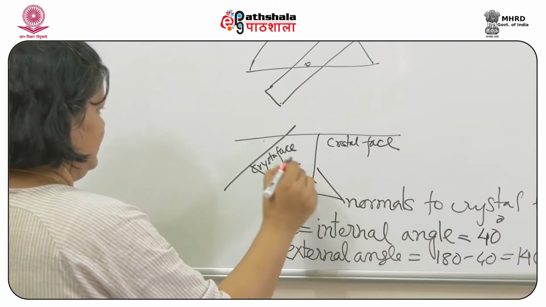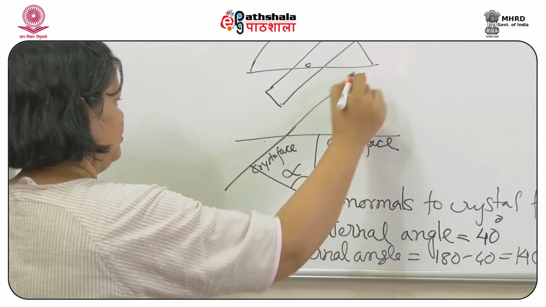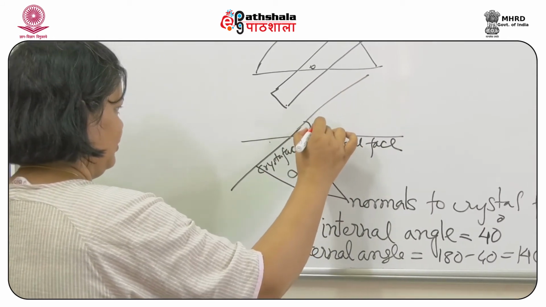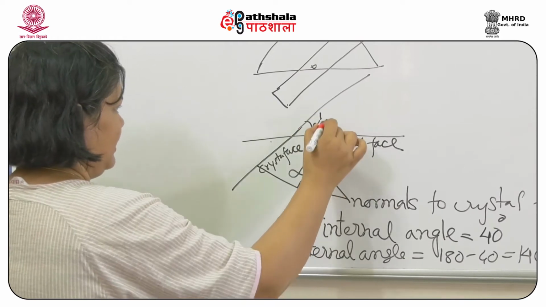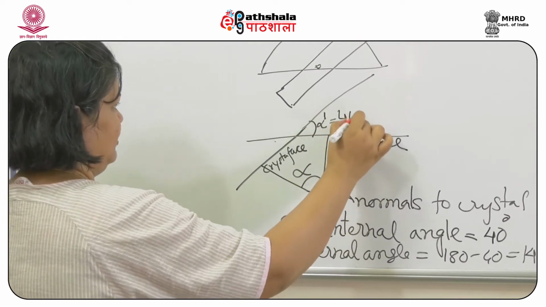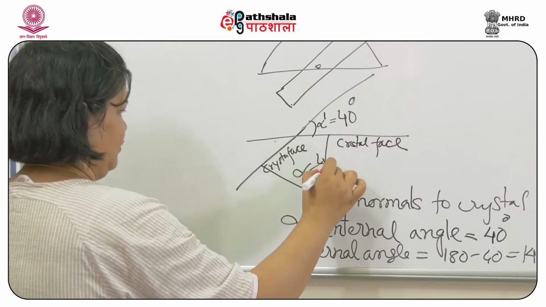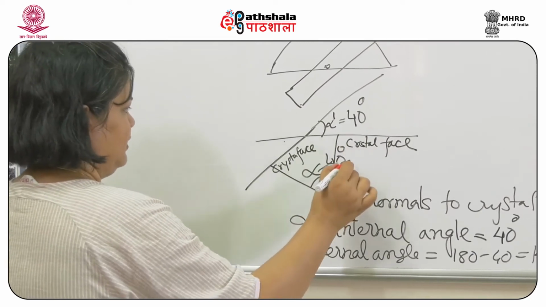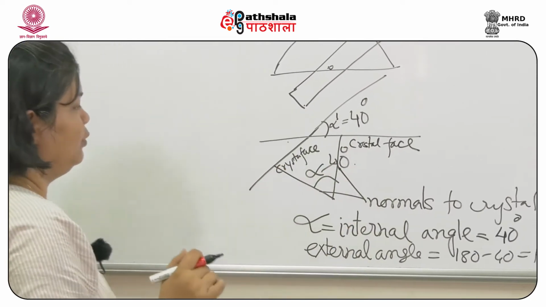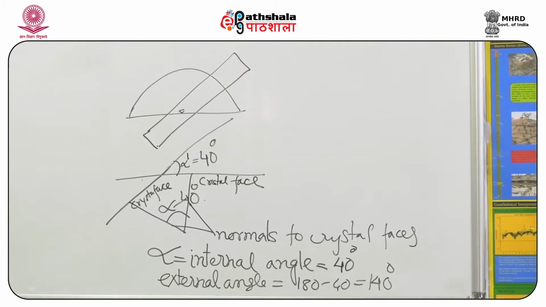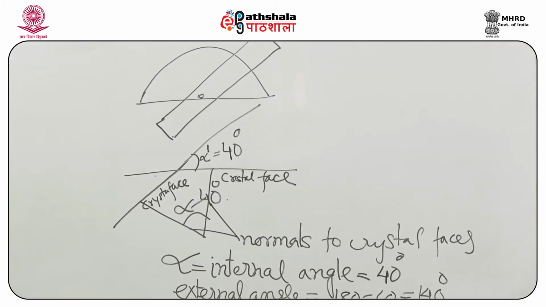So here this is the internal angle, and here also you will see that this angle subtended will also be equal to alpha, and both angles in this case will be 40 degree. So this is our way of measuring the interfacial angle.